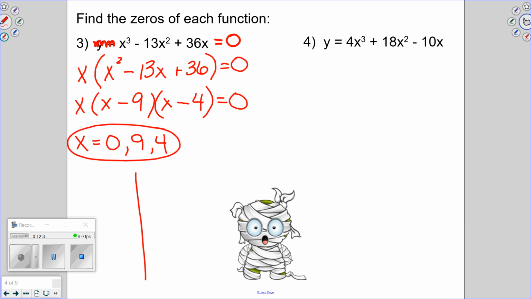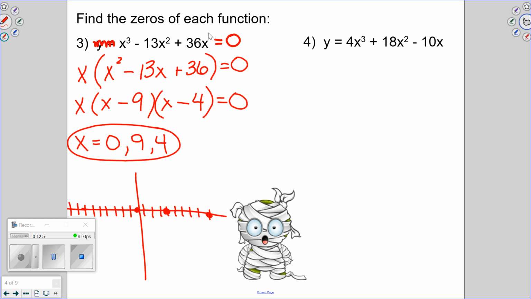If I asked you to give me a rough sketch, I know I didn't put it on here, just to get a little more practice, I know it's going to cross where? 0, 9, and 4. Squiggly up, squiggly down, smiley, sad face?